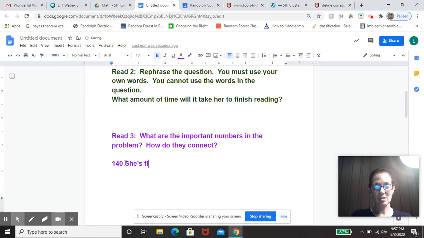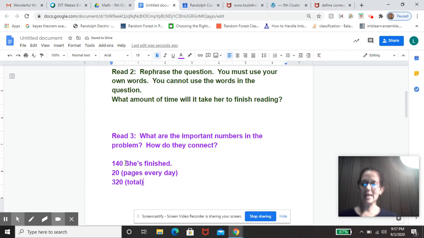She's finished with that. Then 20 pages every day. And then the whole book has 320. So that's the total. Right? So they do connect.